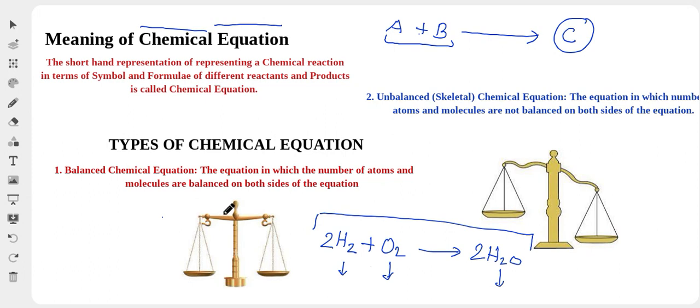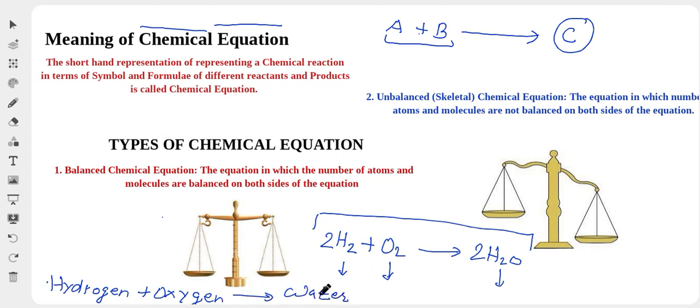But there was another way to represent this, though it is a complex task to represent a big equation in words only. That is why we represent the equation in terms of symbols and formulae, to save space and time as well. The other method was: hydrogen plus oxygen gives rise to water.